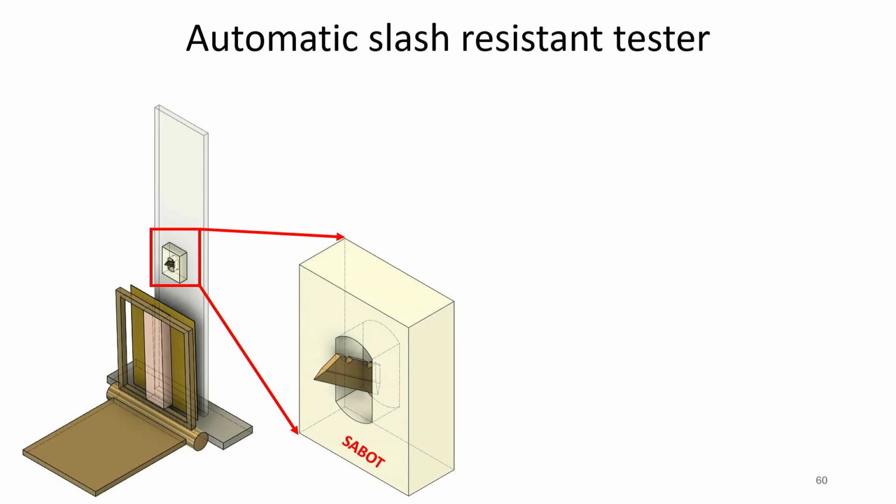And this is the sabot, which will have a free fall on the specimen with a certain load, and here is one knife projected.